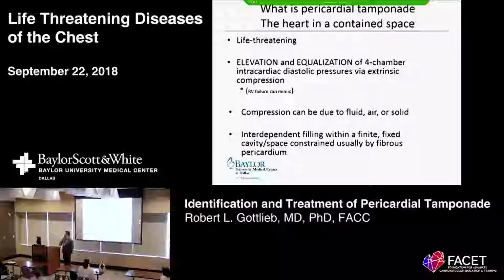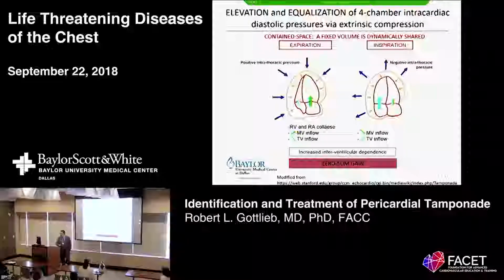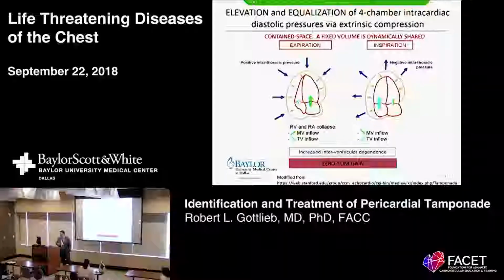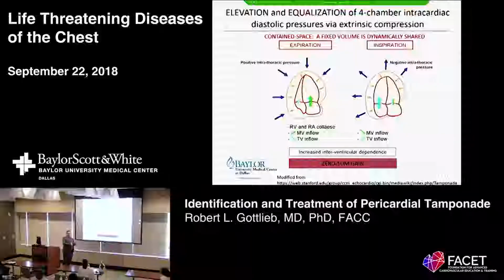The pericardium is fibrous and very thick. So this is a visual illustration of what you have if you are filling the right atrium, having compromise. If you're filling the right ventricle, this is in some ways very similar to RV filling.